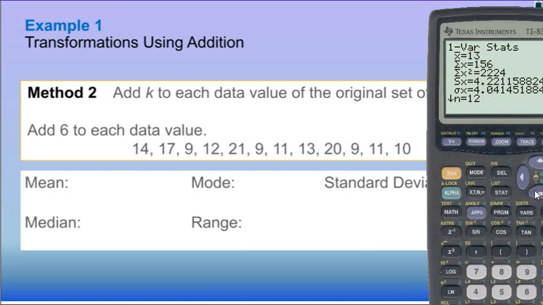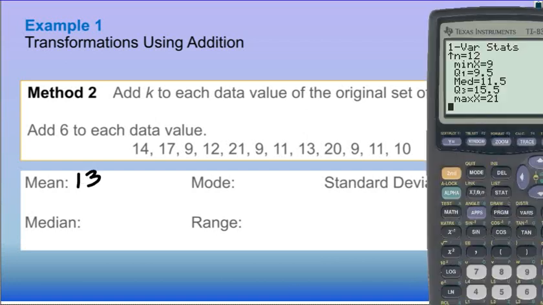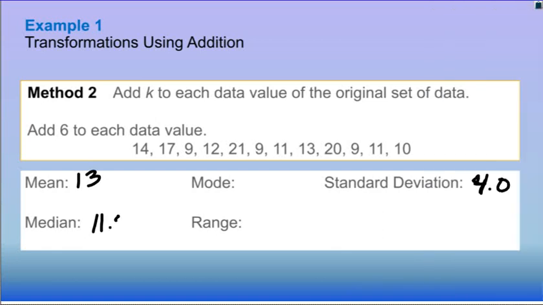So mean is 13. Median is 11.5. Our mode is the number that repeats the most. And it looks like we have a 9 here, a 9 here, a 9 here, so the mode would be 9. And our range, the biggest number is 21, and our smallest number is 9. So 21 minus 9 would give us 12.